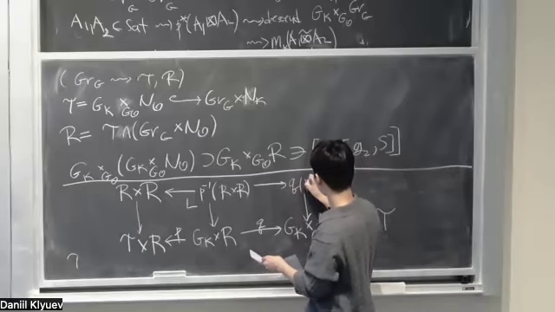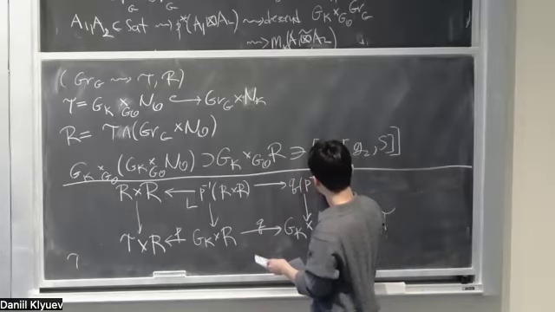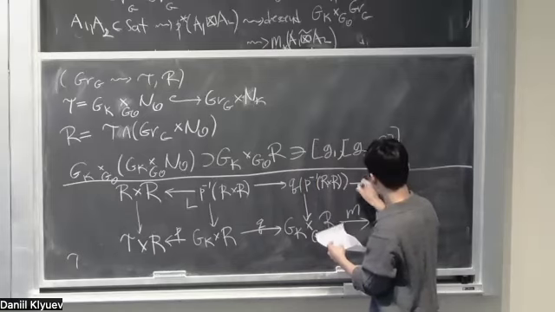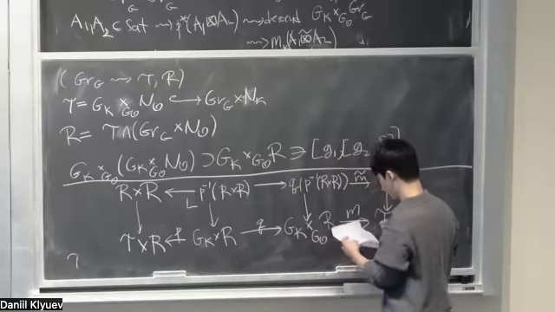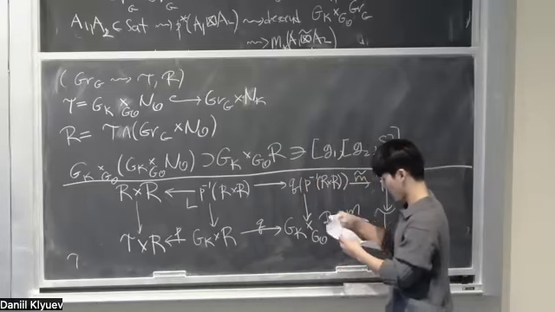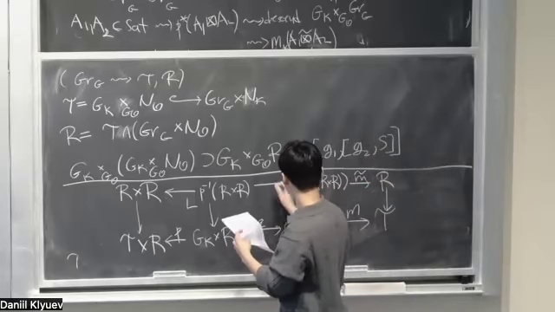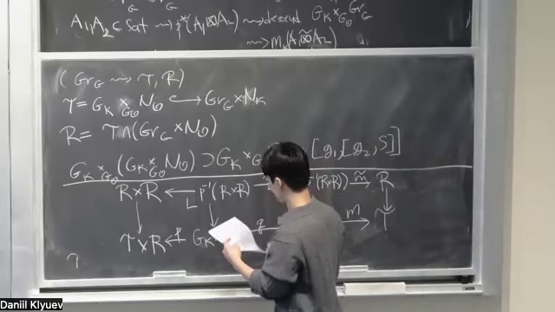Q, image of Q. And then tilde, and then this actually lands in R. Okay.